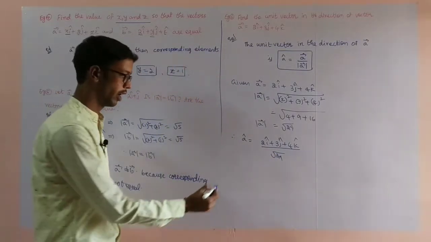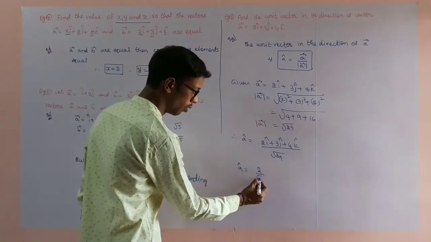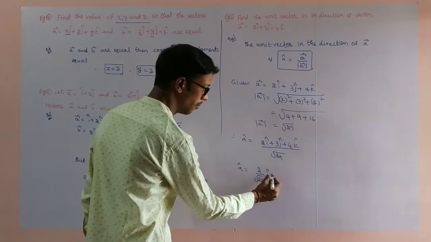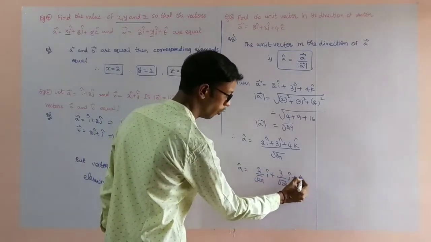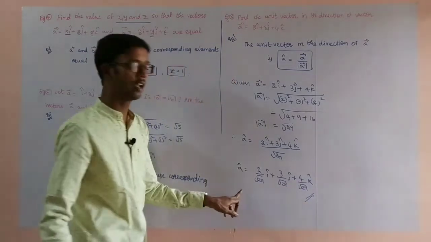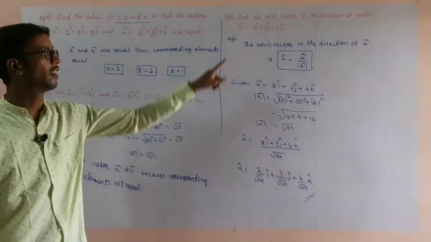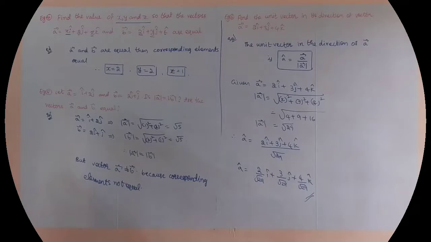We can also write 2 by root 29 i cap plus 3 by root 29 j cap plus 4 by root 29 k cap. So this is the required unit vector in the direction of a bar. Pause the video to note it down.